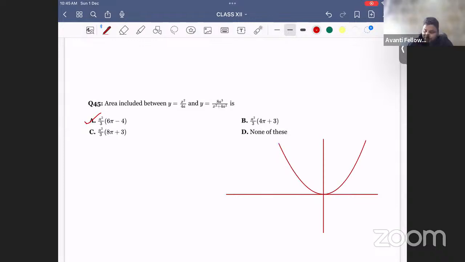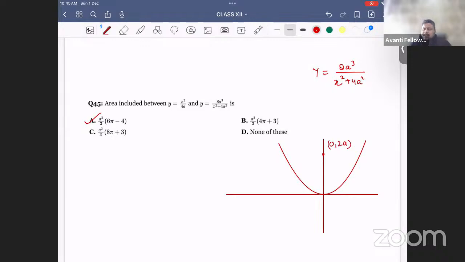Yes or no? Now, there is a function y equals to 8a cube upon x square plus 4a square. Because of x square, this curve is going to be symmetric about y-axis. So when x equal to 0, this value is going to be 2a.